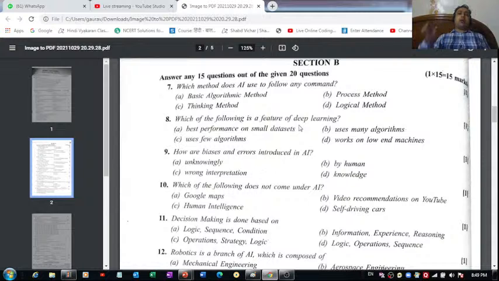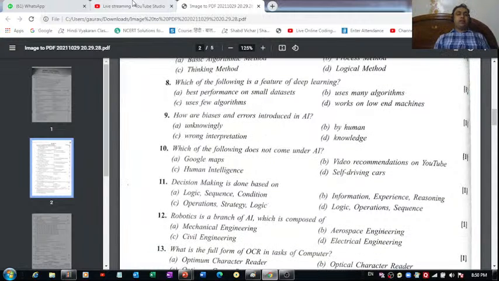So the number of algorithms should be less and the data should be more, so that once the artificially intelligent machine that we have developed is completely trained, it can detect and analyze each and every kind of data which it may come across when it is deployed in the environment for which we have created it, right?